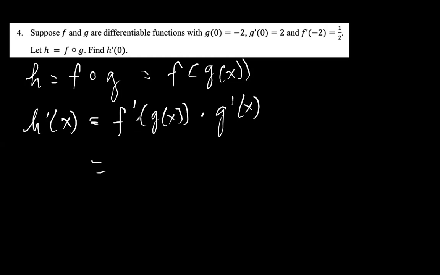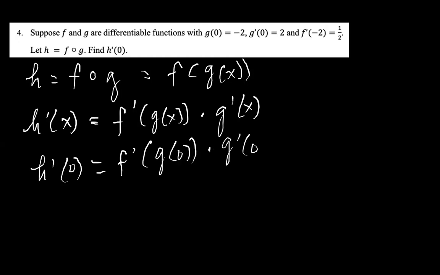Since we're solving for h prime of 0, therefore f prime of g of 0 times g prime of 0. Now, what is the value of g of 0? G of 0 is negative 2, times g prime of 0, which is 2.